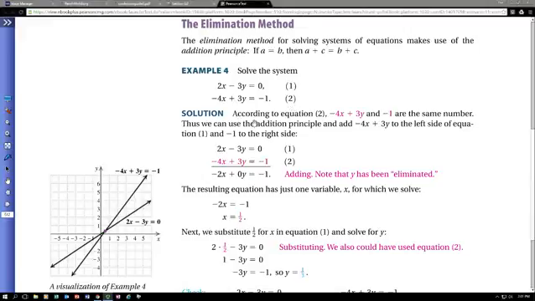So let's go about how they describe what they're going to do here. It says according to equation 2, which is that second one up there, negative 4x plus 3y and negative 1 are the same number. Now, why they're referring to them as being a number is they're trying to refer back to this addition principle.